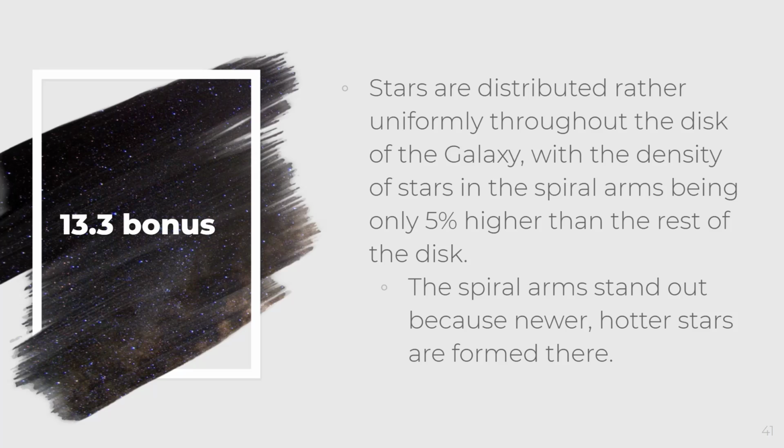But the reason why, to our eyes, these spiral arms seem to stand out is because these spiral arms are where all the new stars are forming. So because all the new stars are in that cloud of spiral hydrogen, all the new bright and blue stars are there, so we get to see those a little more clearly than the dimmer stars everywhere else.